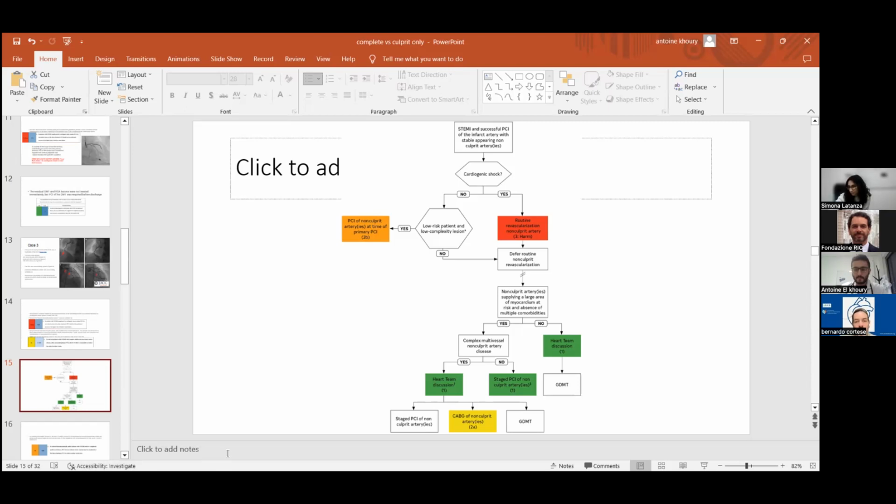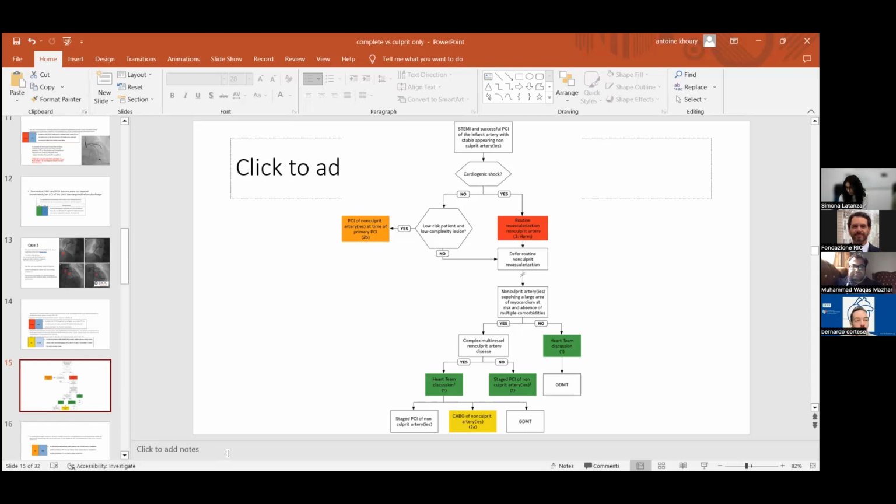Sir, just one last question. What is your preference of doing FFR of the non-culprit artery during the primary PCI setting? Would you like to go for FFR of the non-culprit vessel during primary PCI, or irrespective of that, after 3 or 4 or 5 days?